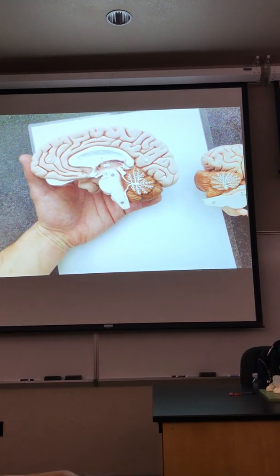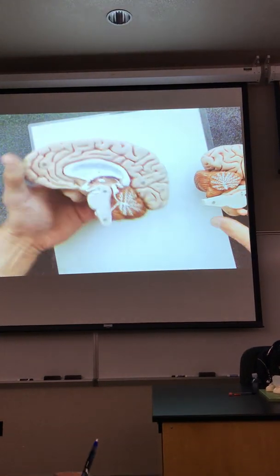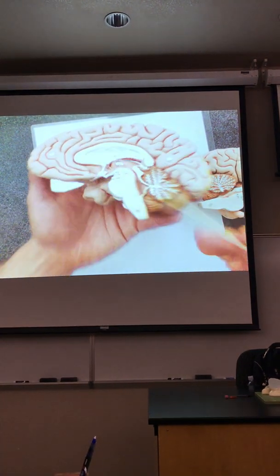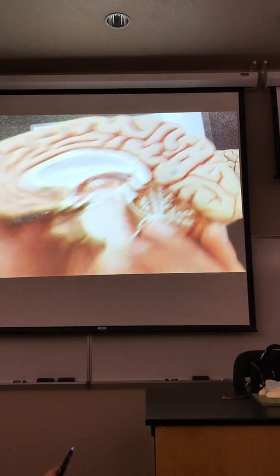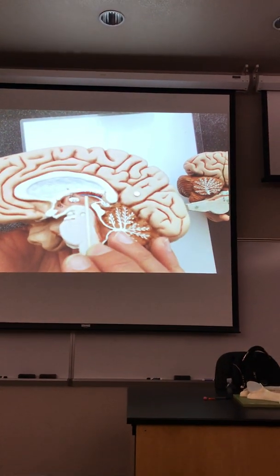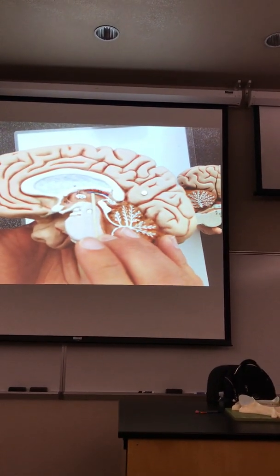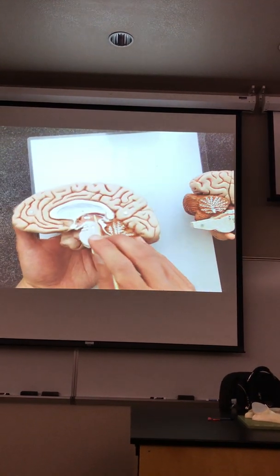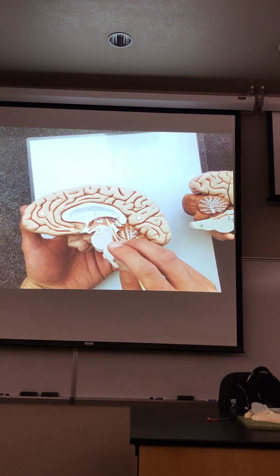The choroid plexus is depicted on this half. If you have this brain, one half comes apart. On the half that does not come apart, you can see this red and blue. I don't know what number that is, 13 maybe? That is representative of the choroid plexus, the red and blue.